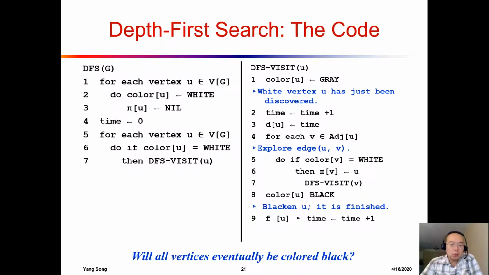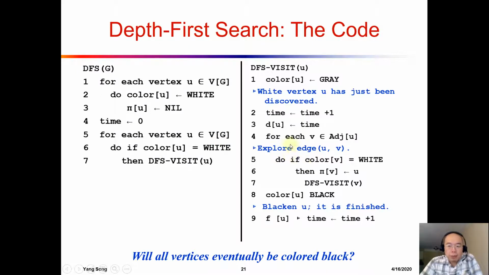There are two iterations where we are trying to find all the white nodes. The first iteration is here. In this iteration, for each of the nodes, if it is white, we will do a Dfs visit. So this iteration guarantees that we will visit all the vertices in the graph G, right?